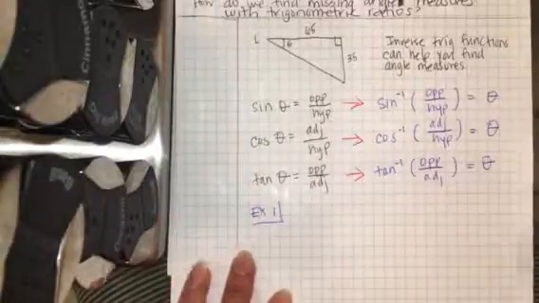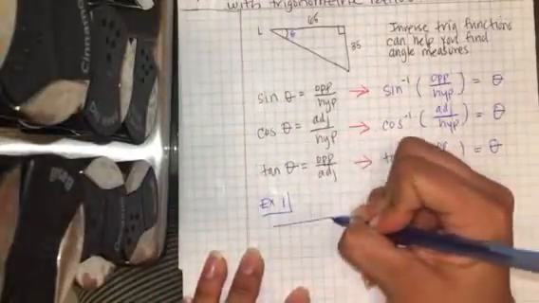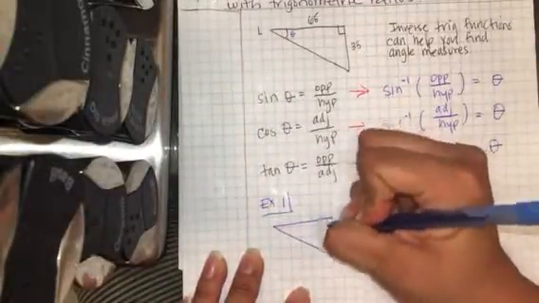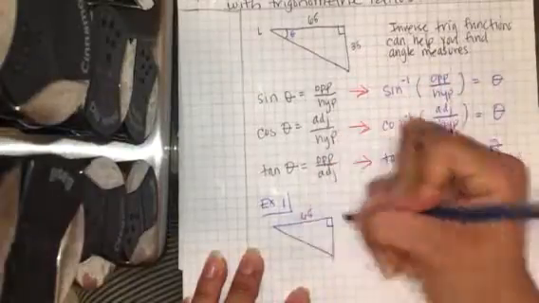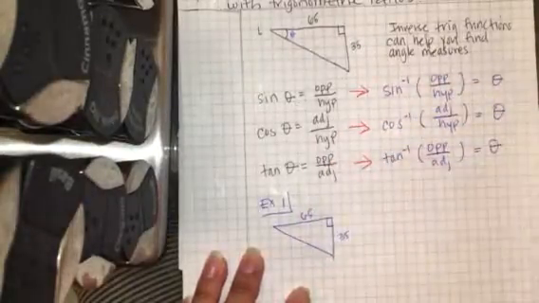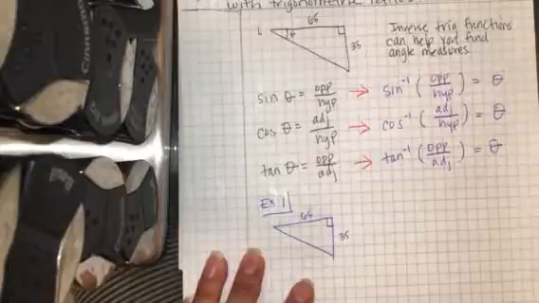We'll do a couple of examples. I'm going to start with this one here, the same one that we were talking about earlier. This is 65, that's 35.